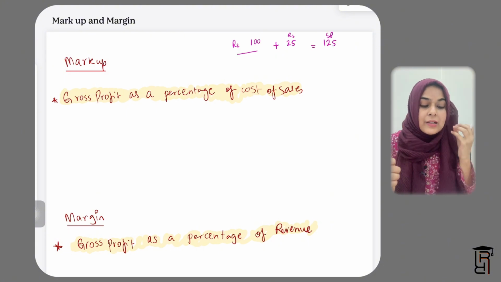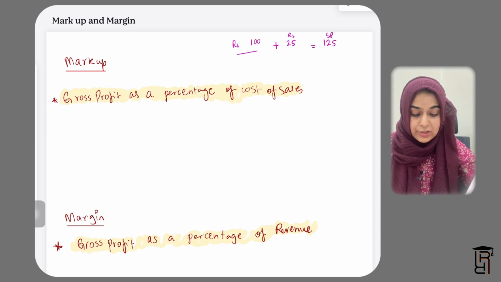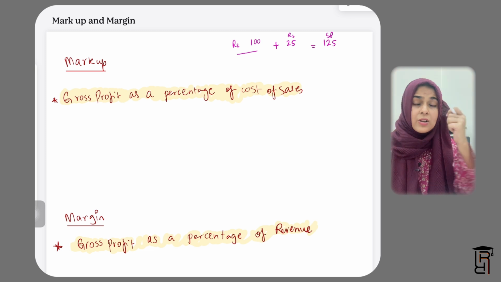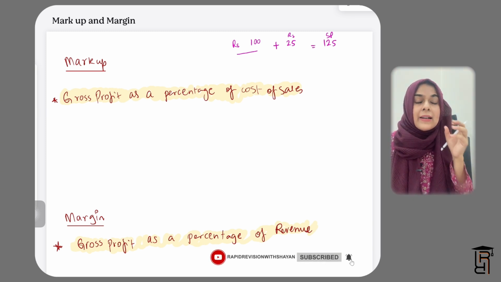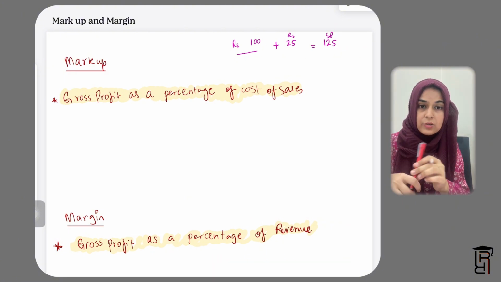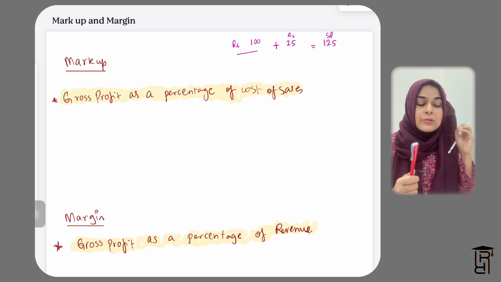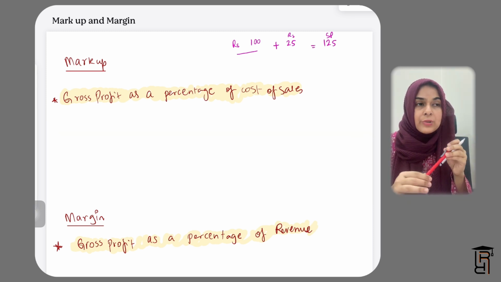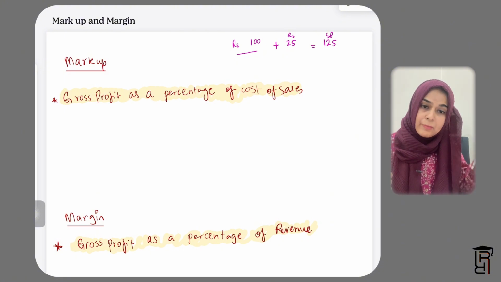So the conclusion of it all is that whenever you have been given markup in the question, you should assume that the cost of sales, the cost of purchasing the product, is what the trader had paid for buying this pen. I am going to purchase these pens from somewhere else and sell them in my own market.